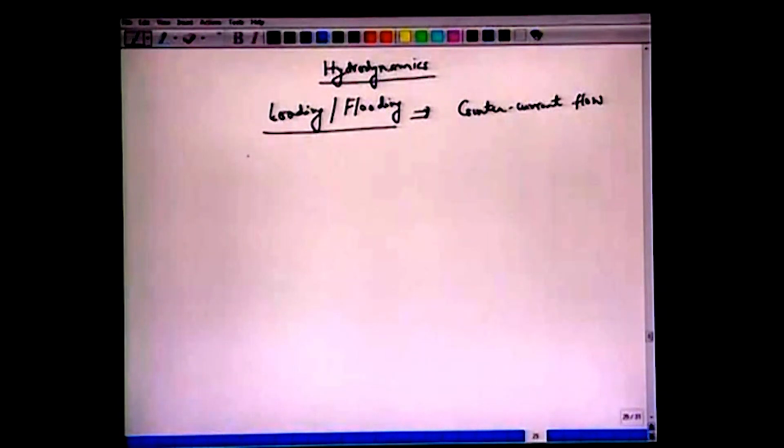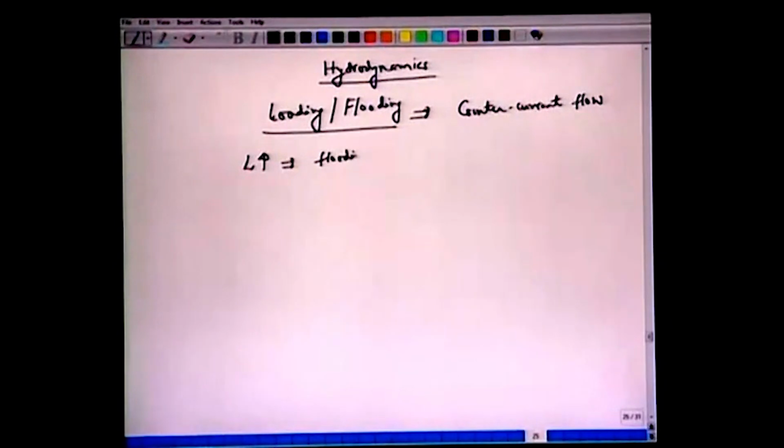So if the liquid velocity is very large, it's possible that we will have flooding. If the gas velocity or flow rate is very large, we have what we call loading.